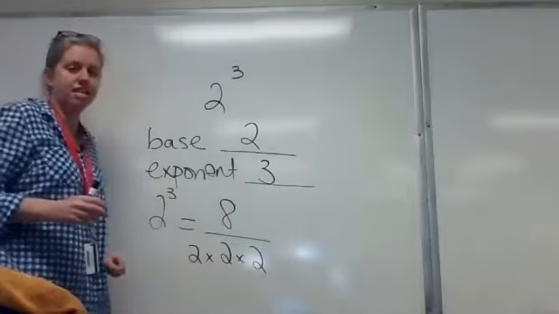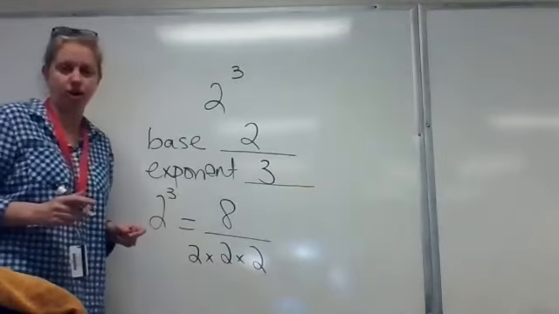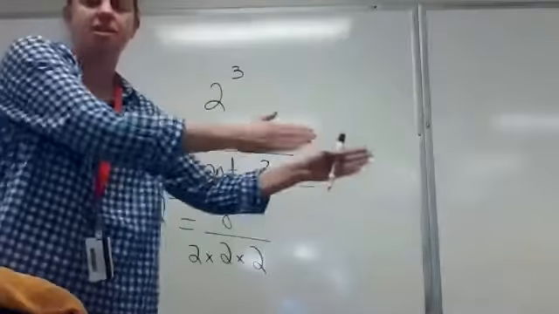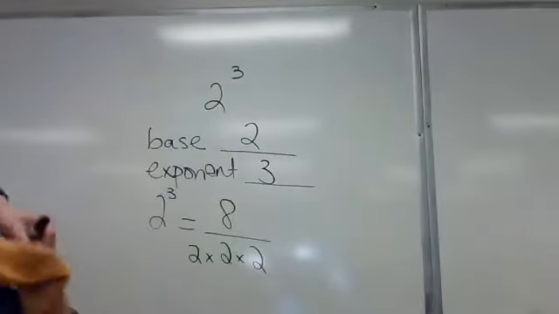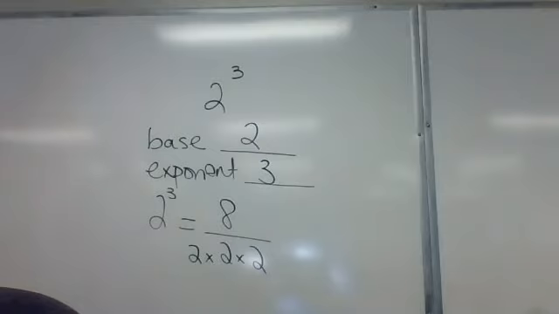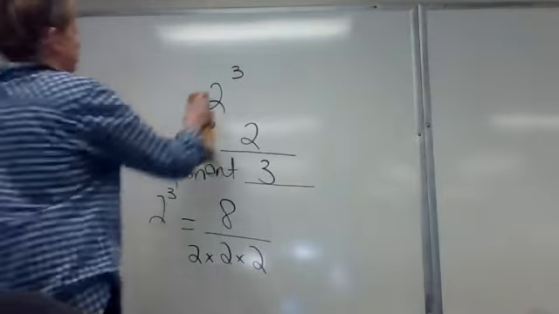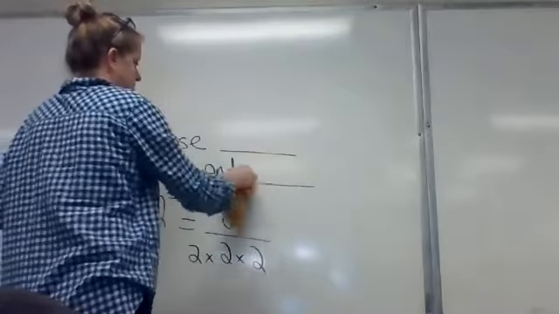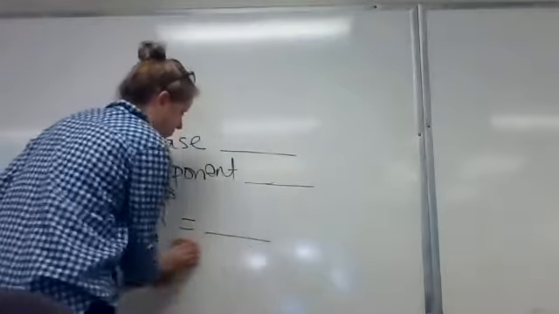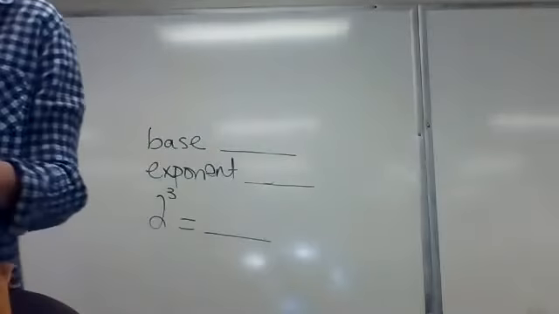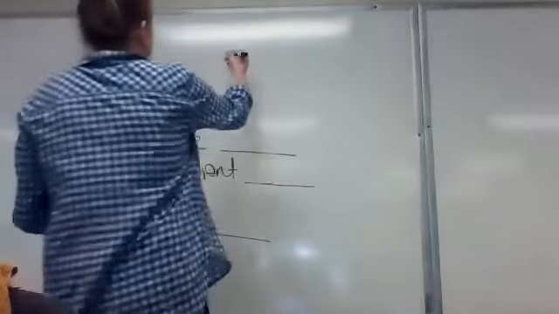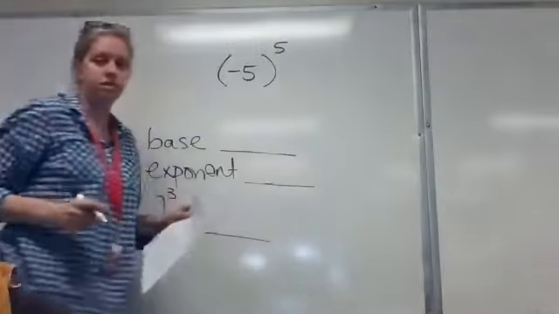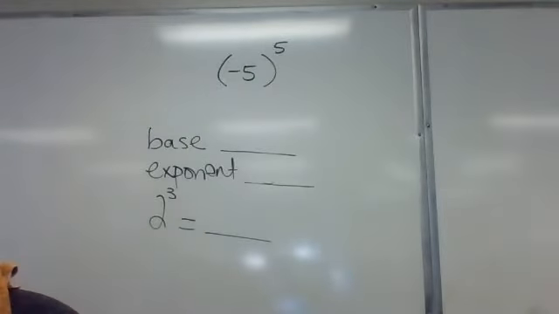The biggest mistake that people make on these kinds of problems is that instead of doing 2 times itself 3 times, they simply do 2 times 3. This doesn't say 2 times 3, it says 2 times 2 times 2. Okay? Let's look at number 2. -5 in parentheses to the 5th power.